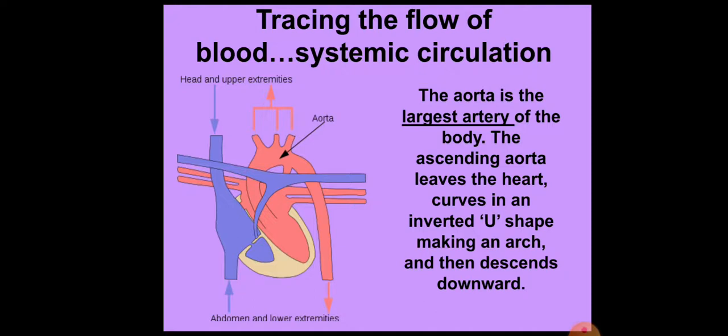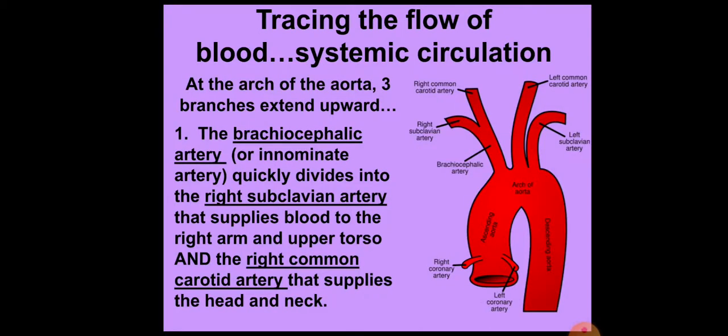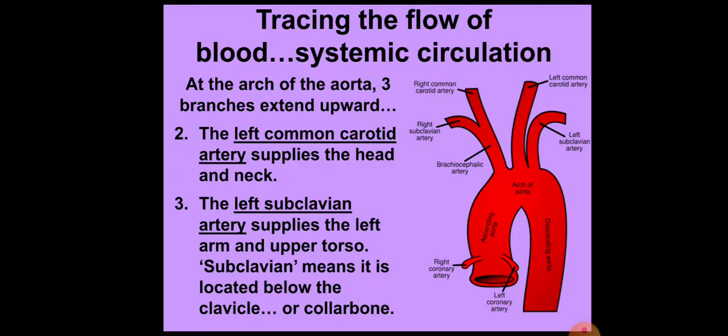The ascending aorta leaves the heart, curves in an inverted U shape making an arc, and then descends downward. Three branches extend upward. The brachiocephalic artery quickly divides into the right subclavian artery that supplies blood to the right arm and upper torso, and the right common carotid artery that supplies the head and the neck.